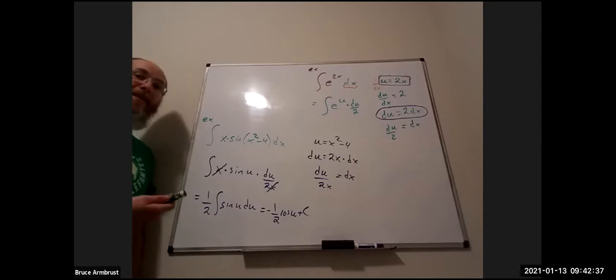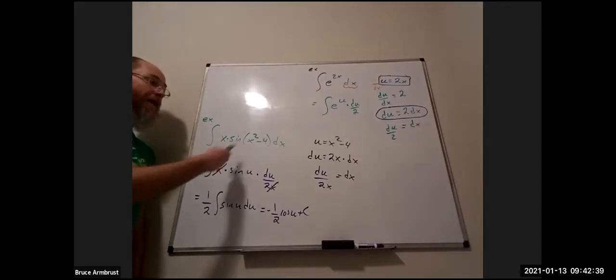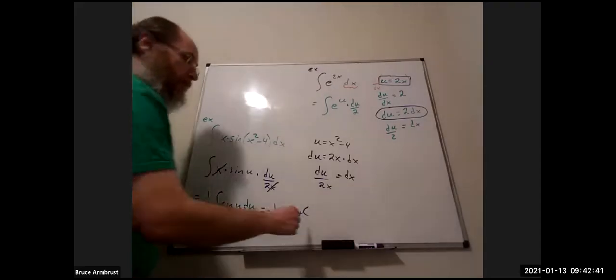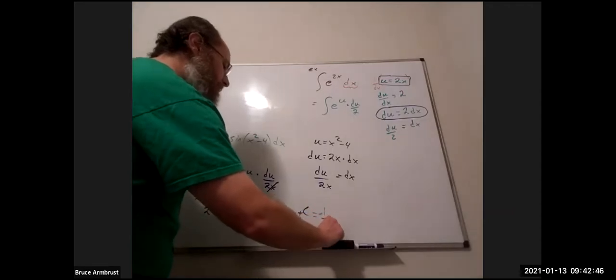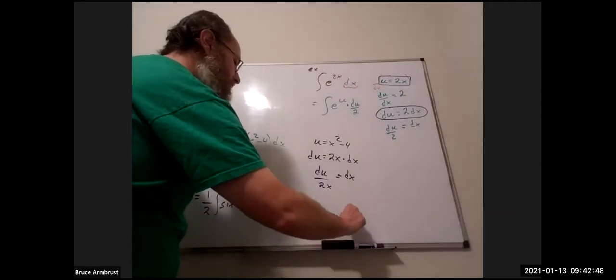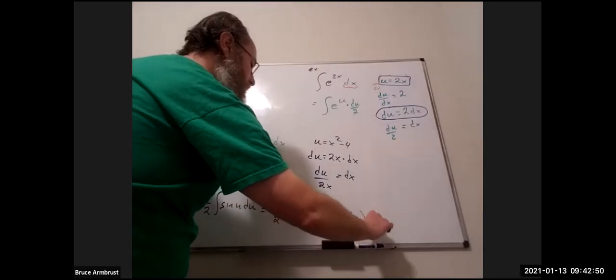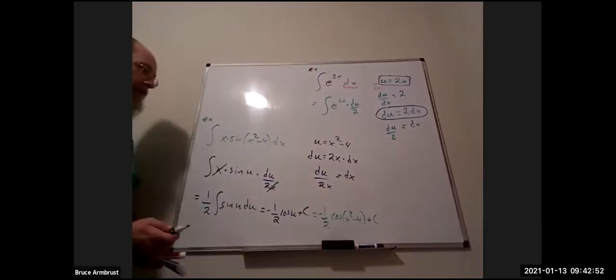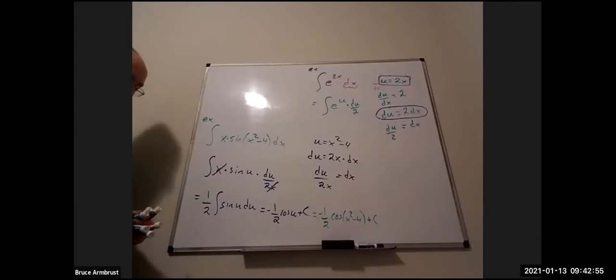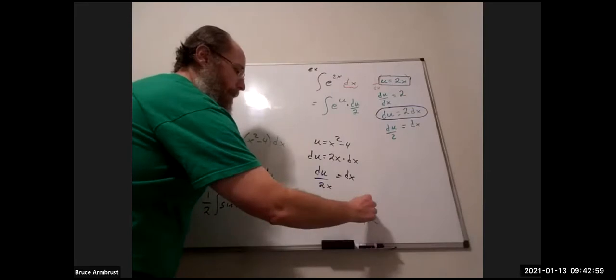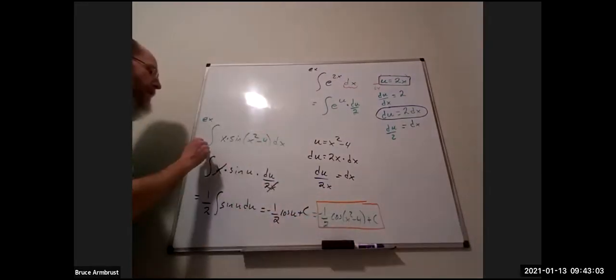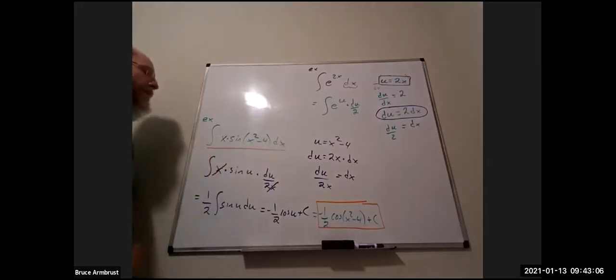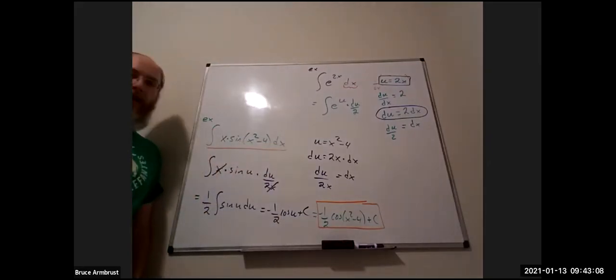But we still have the one last step we got to do, which is to get it back in terms of x's. So we'll replace that u. So we get minus 1/2 cosine of x squared minus 4 plus c. And so that, ladies and gentlemen, is our antiderivative of x sine of x squared minus 4.